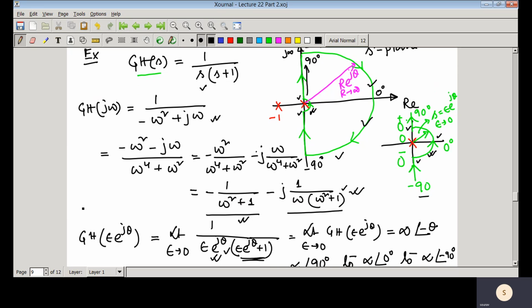So when omega tends to infinity it is 0, and basically it is coming to this value minus 1 j infinity. You can see here whenever omega is tending to 0, that is coming minus 1.